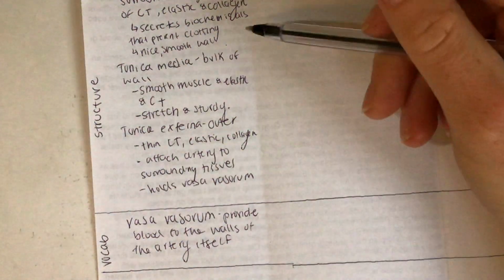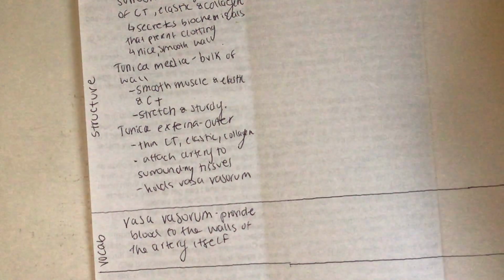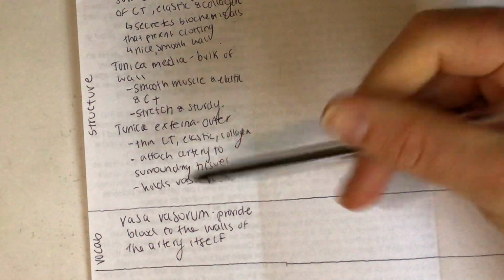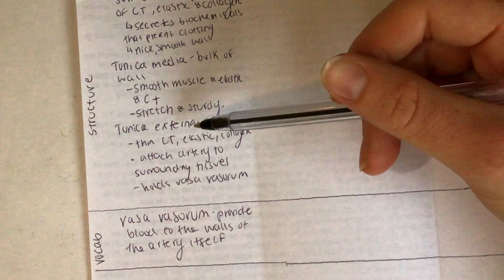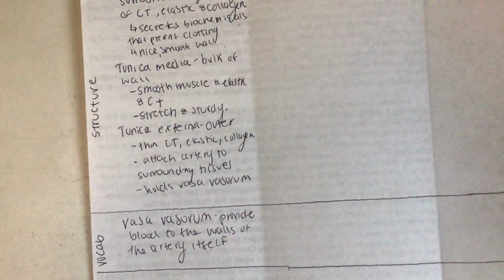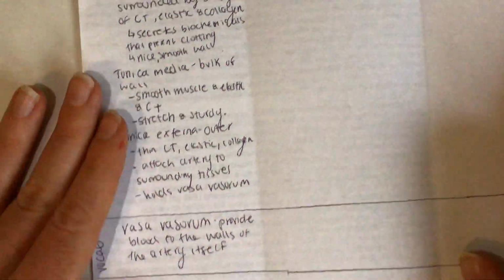So we talked about all these different types of tissues in each of the layers. If they're tissue, they're going to need oxygen to do their job, which means we're going to need some blood getting to them as well. So these vasa vasorum in the tunica externa are going to provide that blood, provide that oxygen and nutrients to keep those cells alive.